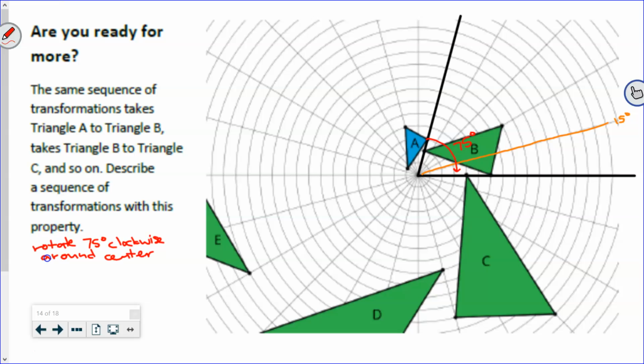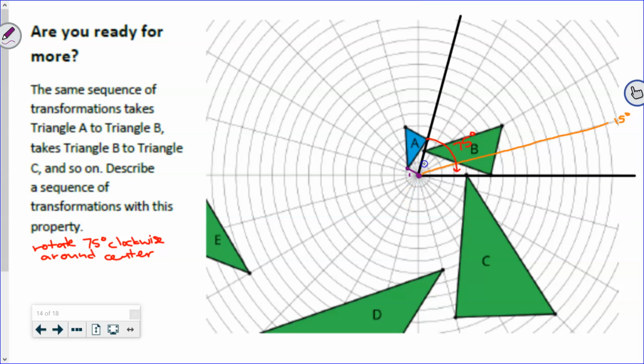Here's the next thing to observe. Please make sure your eyes are on the screen. You mentioned that it's a dilation, and there's an easy way to figure out the scale factor of this dilation. And that is to always measure the distance from the center of dilation. Look at our original triangle. Do you see how this point here is on the first radius, giving it a distance of 1?